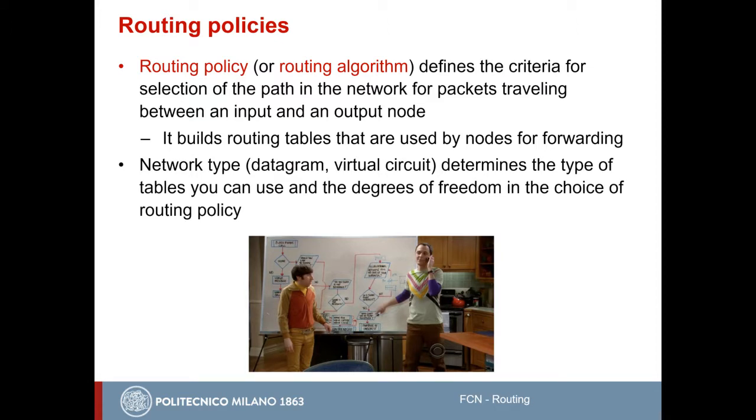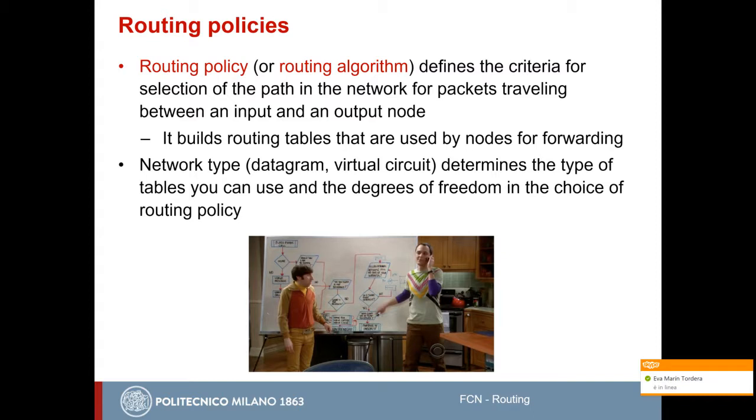Then once this path is found, it is translated into entries of the routing tables of all the routers that are crossed by the path, so that each router can then perform its forwarding function, which is looking at the table and sending the packet to a specific output. This is different according to whether we are considering datagram service or virtual circuit service.